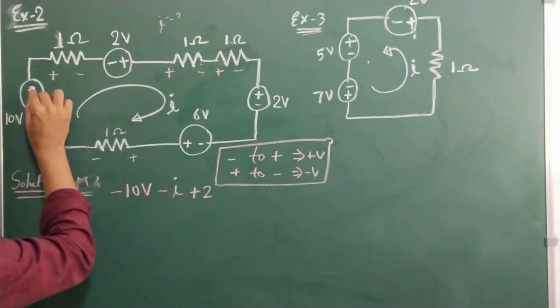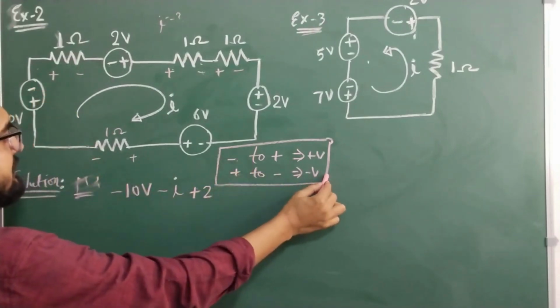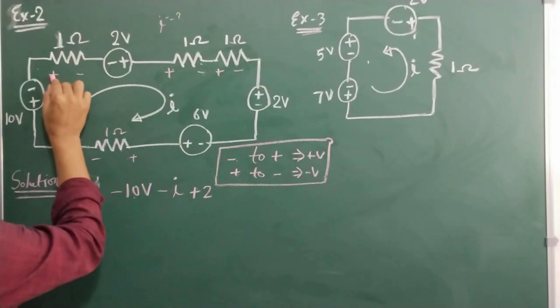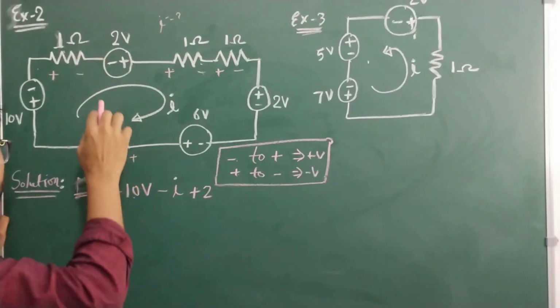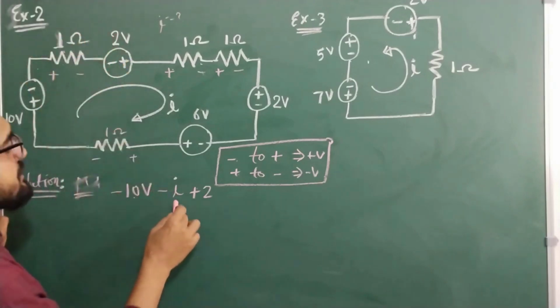So minus 10, plus to minus is minus, so minus 10 volt. Now plus to minus is again minus, so 1 into I. Apply Ohm's law at these two points.